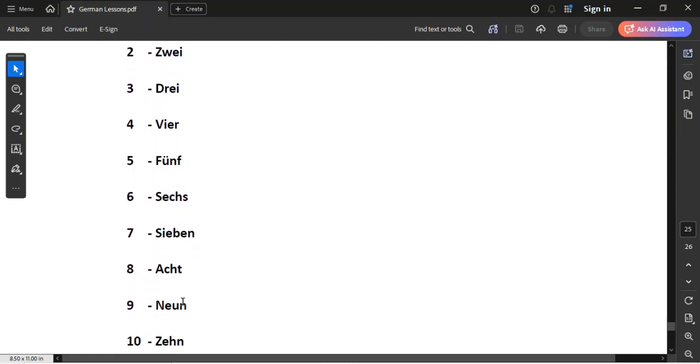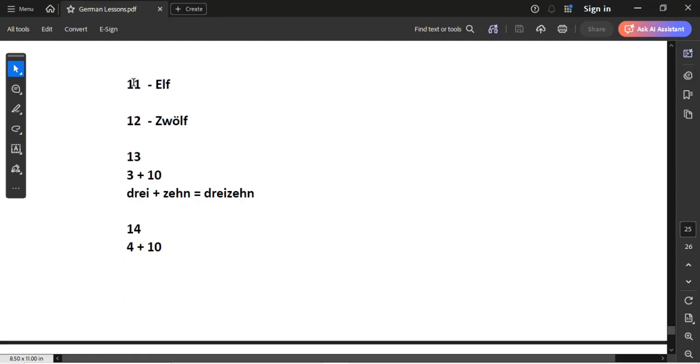Then we have 8, acht. Then we have 9. Then we have 10, zehn. Then we have 11, elf. Then we have 12, zwölf.